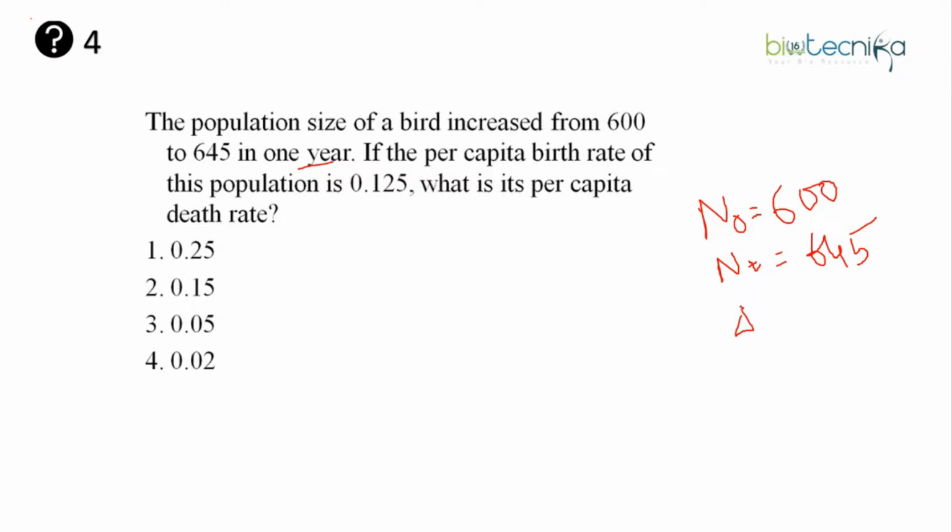What is the delta N? Obviously it is 645 minus 600, so that is your 45. That is your delta N. What else is given to you? Per capita birth rate is given to you, which is 0.125. And you have to find out per capita death rate.